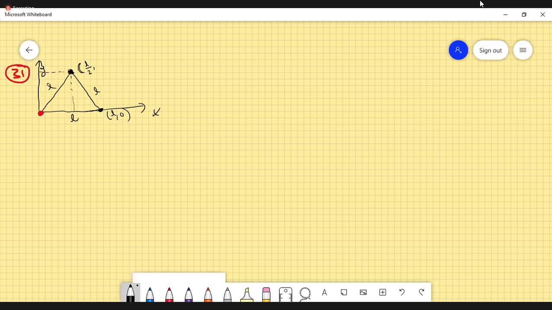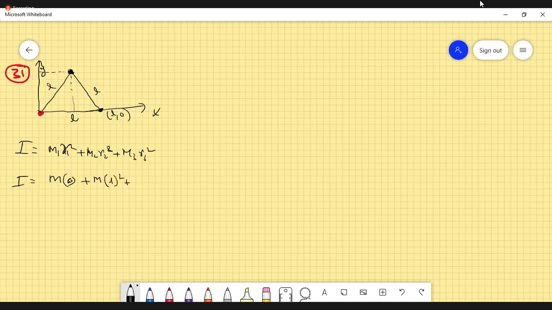See, no need of all this. The distance is simply what we need. Therefore I equals m1 r1 square plus m2 r2 square plus m3 r3 square. m1 is m, r1 is 0, plus m2 is m, r2 is L, so L square, plus m3 into the distance from this point to this point.